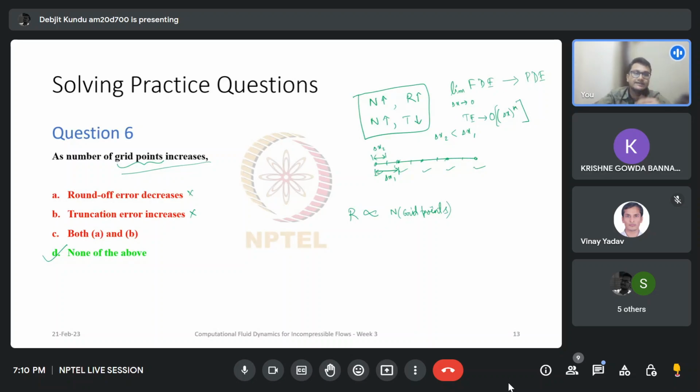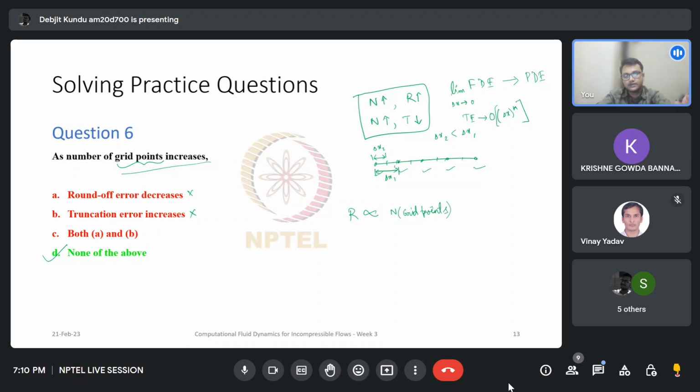So the increase in round-off error from increasing grid points doesn't hurt us much. But there is another very important aspect that we have to take into account. As we increase the grid points, our calculation time increases. We have to make bigger calculations using those increased number of grid points.